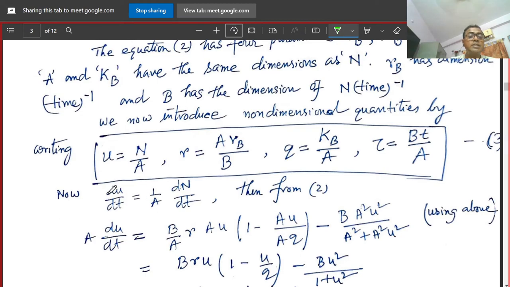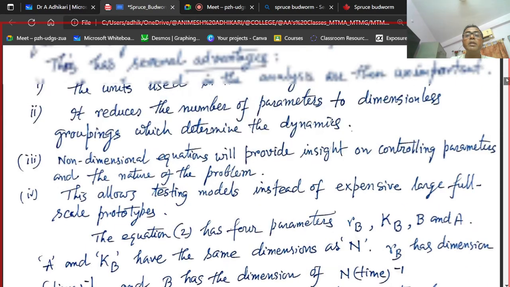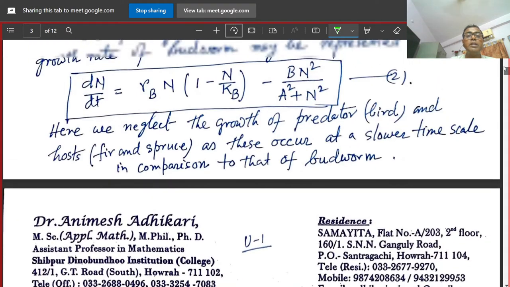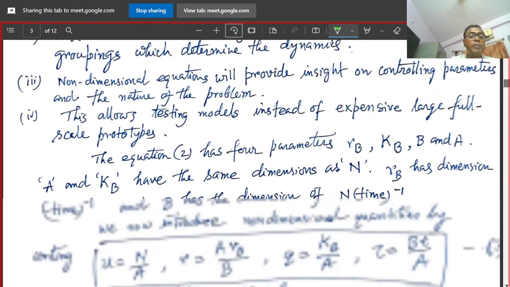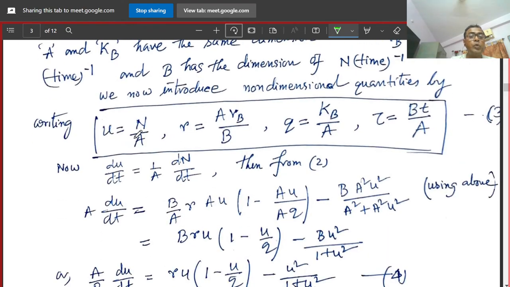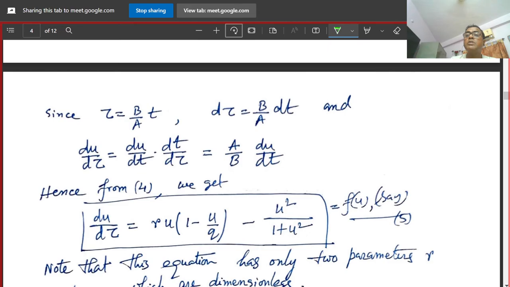Put this relation du dt equal to 1 by A dn dt in equation 2: in place of dn dt we put this, and the value of n is replaced by u into A, and dn dt is equal to A into du dt.